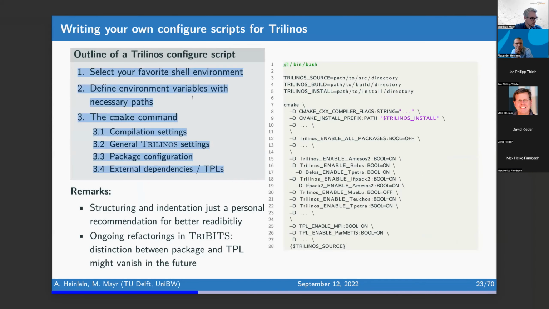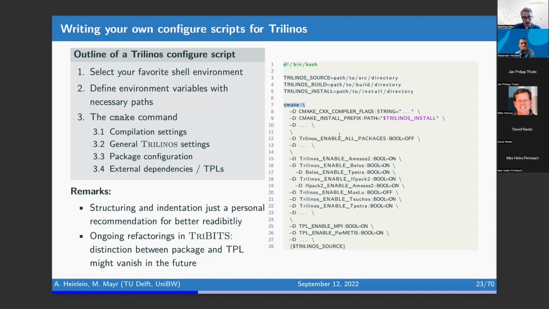You first select your favorite shell environment. You might then define some environment variables with the necessary paths. And I always do this at the top here so that it's just collected in one place and it's not scattered throughout the CMake command here. And then there comes the actual CMake command.